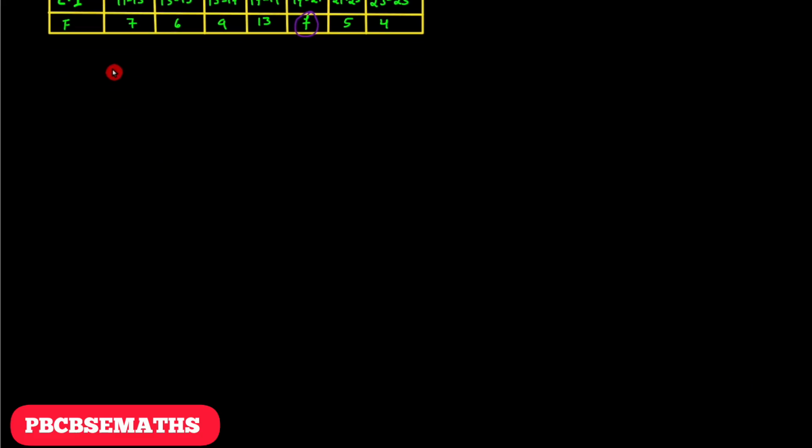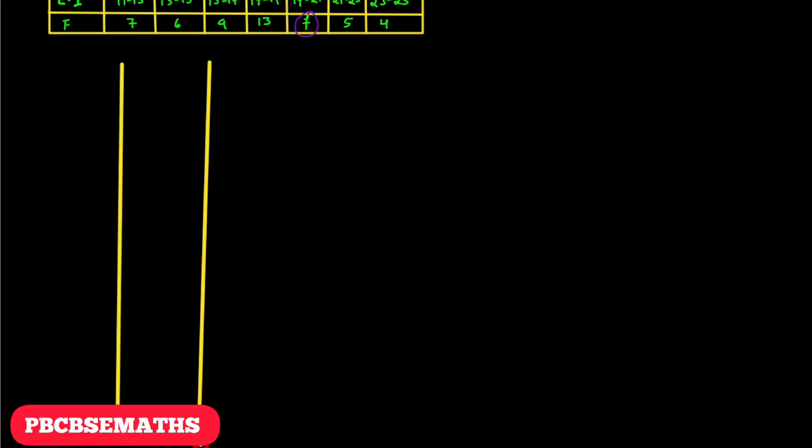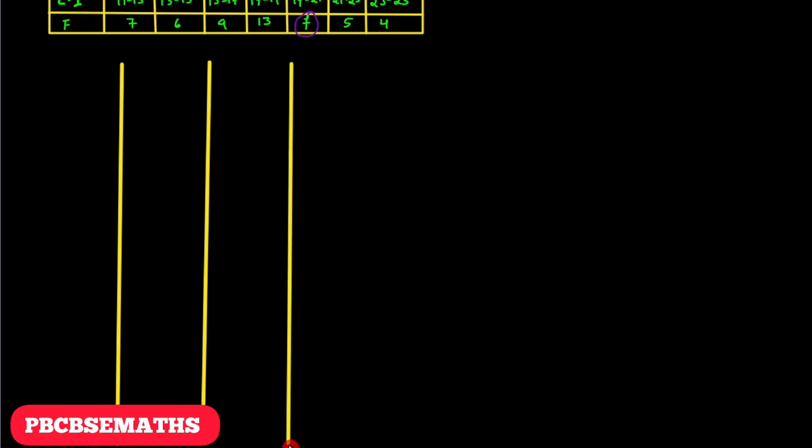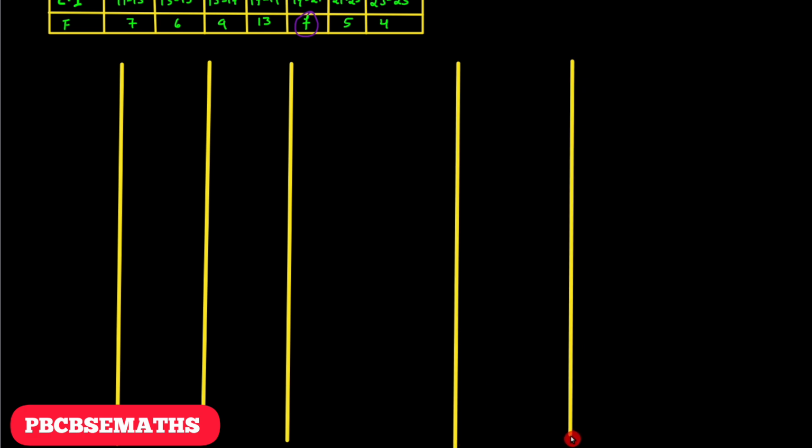First comes the class interval, then we are going to have the class mark, thereafter the frequency, thereafter ui, and then fi ui.